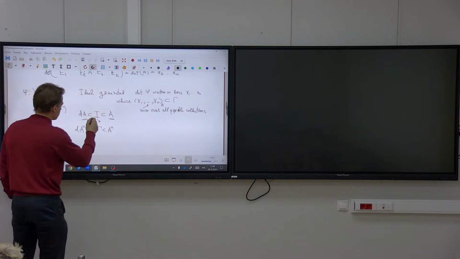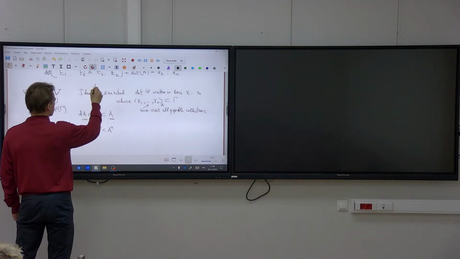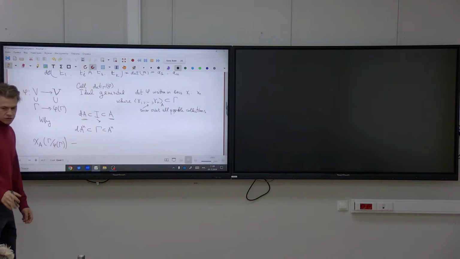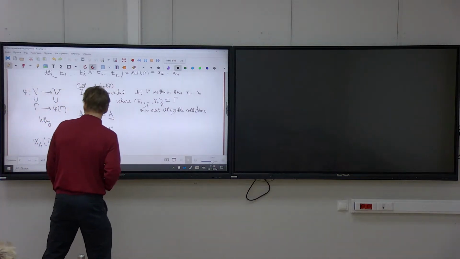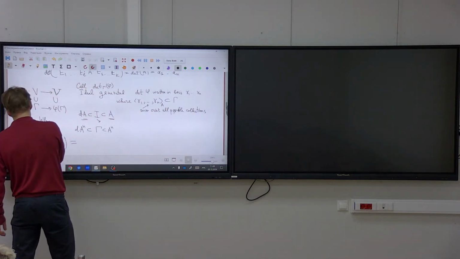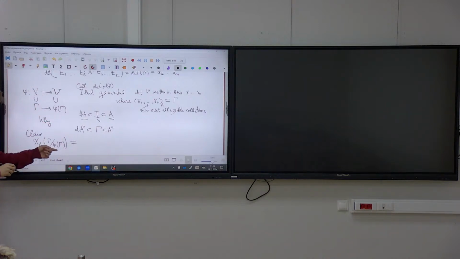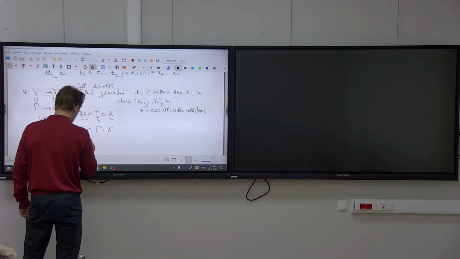Let me call it the determinant of gamma of phi: the ideal generated by all possible collections of subvectors in gamma. And the claim is that chi of gamma over phi of gamma is just this kind of determinant.